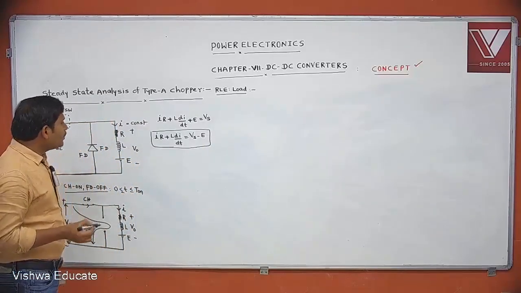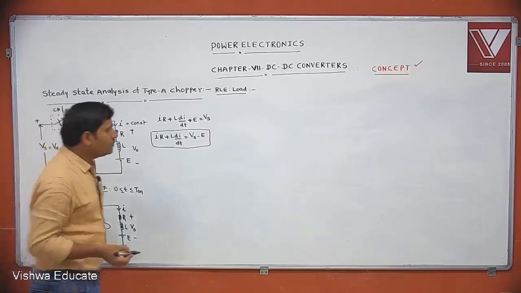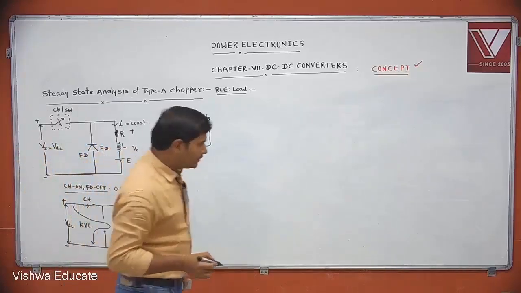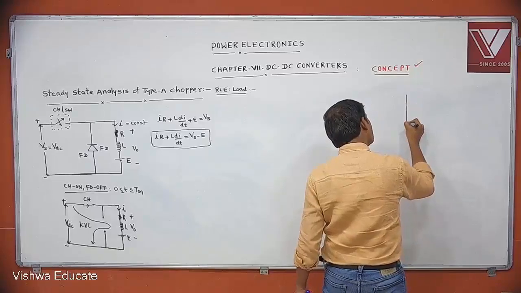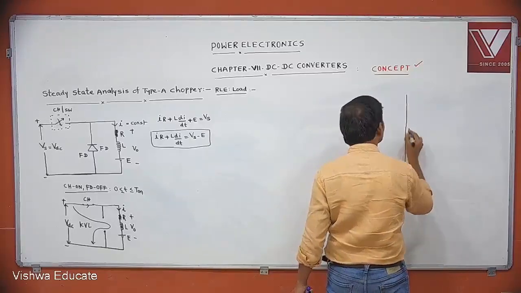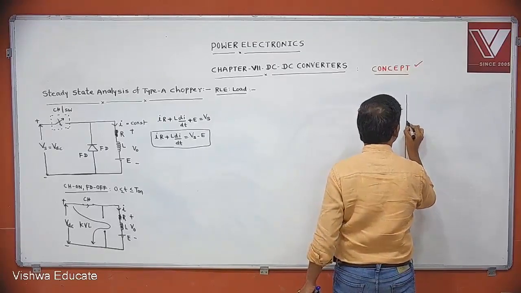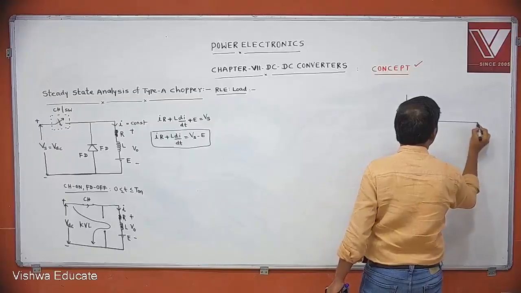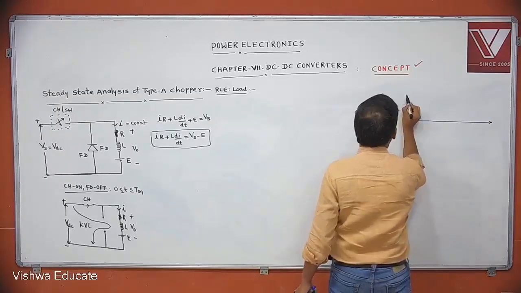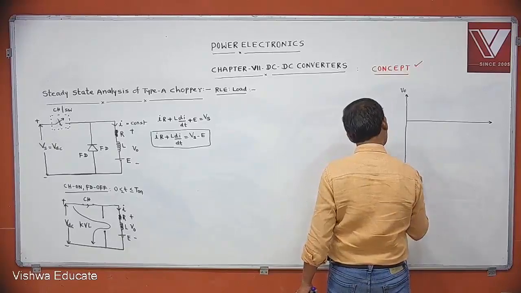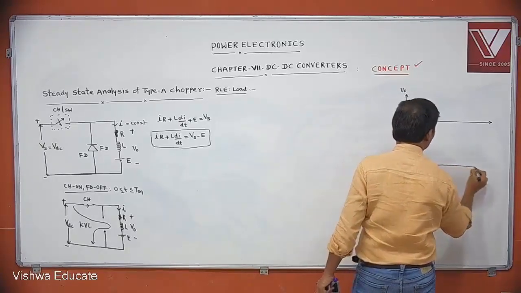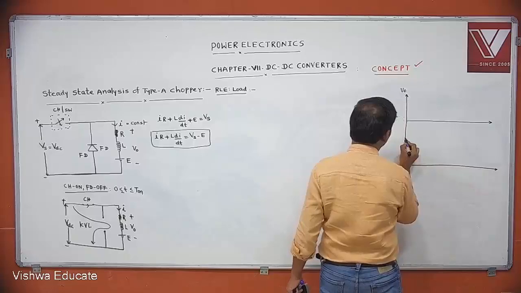Let it be continuous mode. If the chopper is on, the inductor is storing the energy. This I am explaining for continuous mode. This is V0 and this is the current waveform.